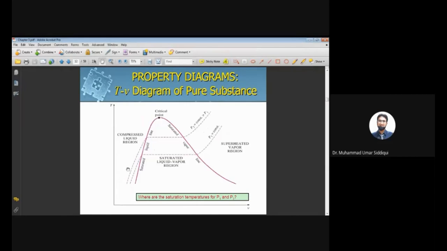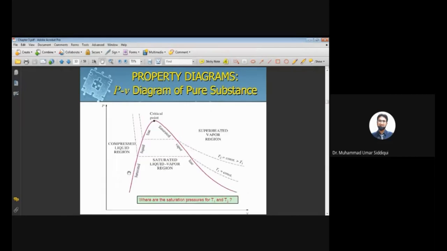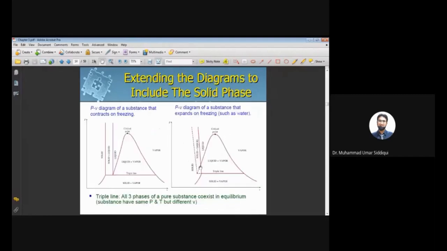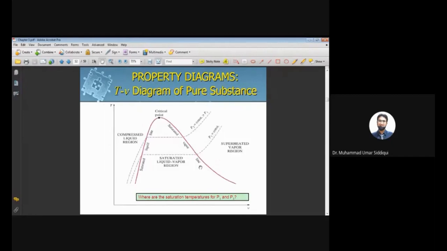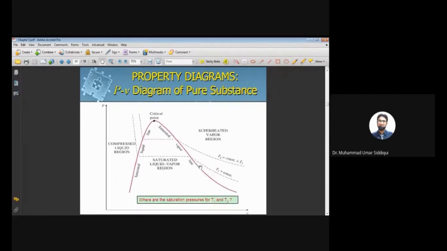In the case of the PV diagram, the constant temperature lines are moving downward. So if you keep on increasing the pressure, the volume is going to decrease. So anyways, these are the PV diagram and the TV diagram, property diagrams of the pure substances.